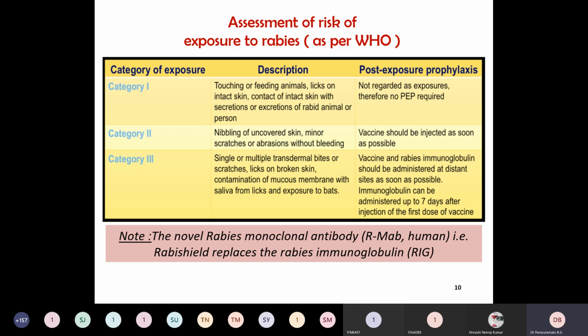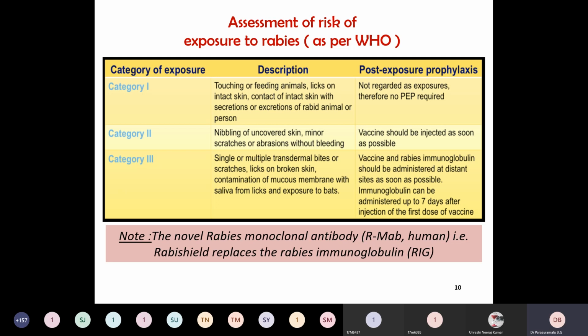So the pre-exposure prophylaxis is required for these people because of high risk. What is the dose? See, the dose is 0.5 ml or 1 ml, whichever vaccine is available. It should be given IM, or if you want to give intradermal, 0.1 ml of the vaccine is given on day 0, day 7 and day 28.